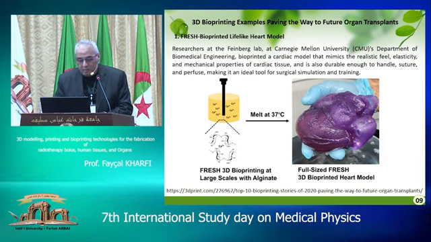They bioprinted a cardiac model that mimics the realistic feel, elasticity, and mechanical properties of cardiac tissue, and is also durable enough to handle suture and perfusion in order to use it for training. This is the first example of 3D bioprinting.